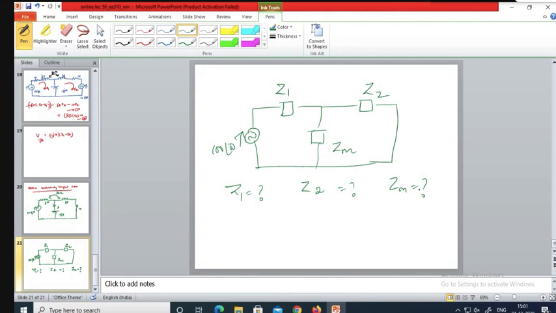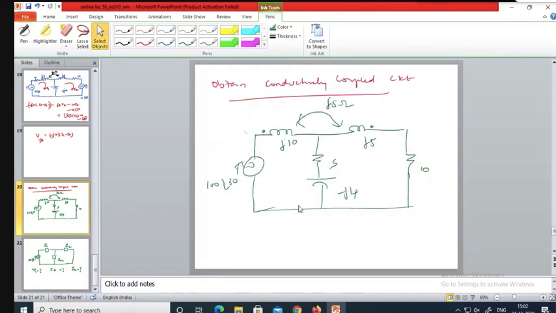The mutual impedance is Zm, and Z1 and Z2 happen to be the self impedances. Okay, so just apply KVL in the circuit.